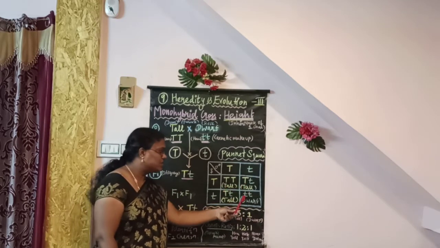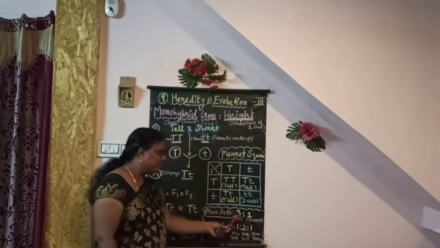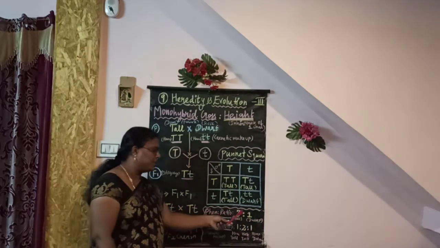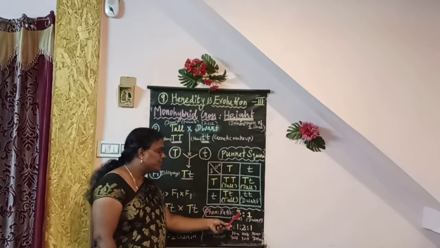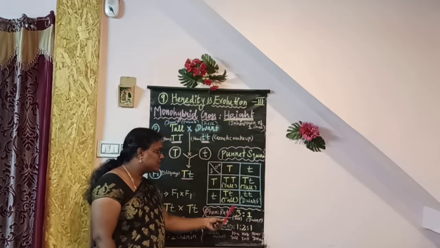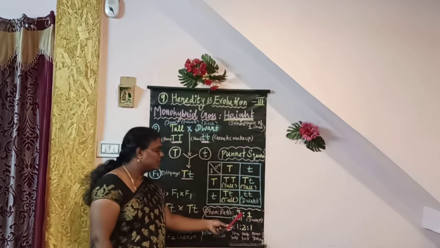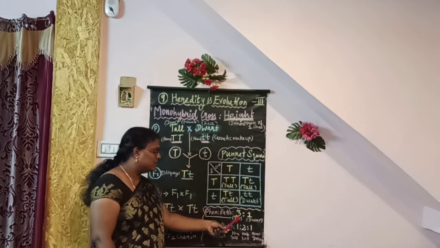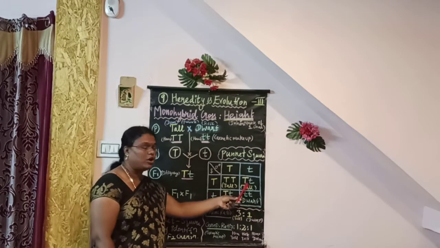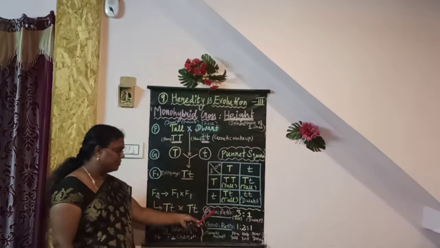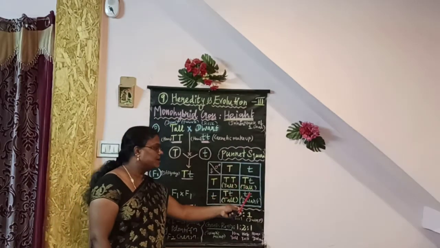And 1, so this is dwarf. 1 dwarf. 3 tall and 1 dwarf. That is the phenotypic ratio. What is the phenotypic ratio? 3:1. How? 3 is tall plant and 1 is dwarf plant. So this 3 denotes tall plant and this 1 denotes dwarf plant. So the phenotypic ratio is 3:1.